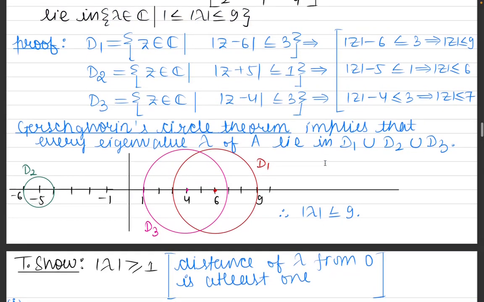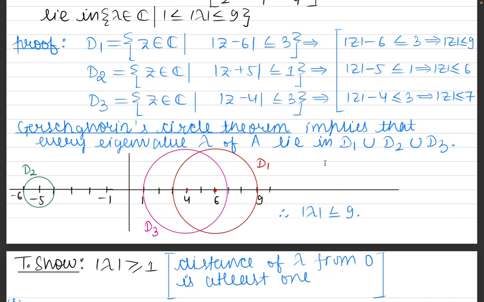Here you will have 5 minus mod z less than or equal to 1. And mod z minus 5 is less than 1. So again, this will imply mod z less than 6.